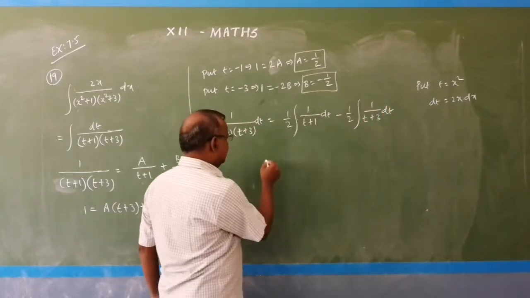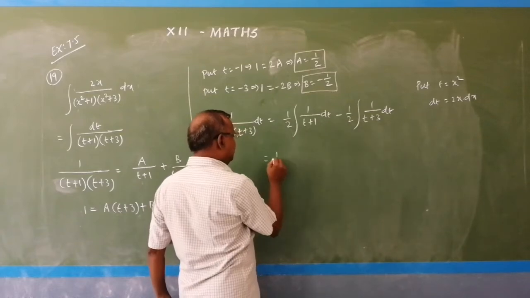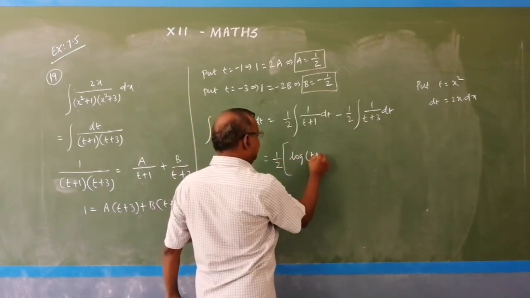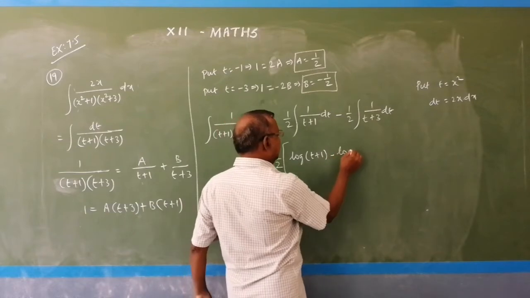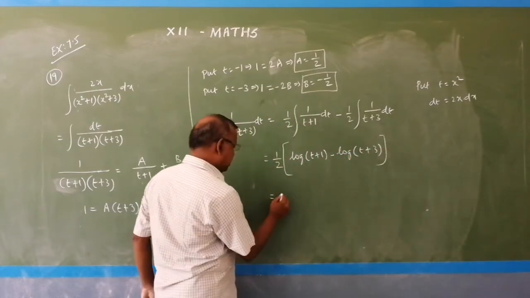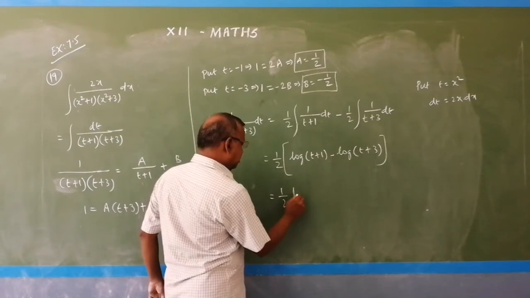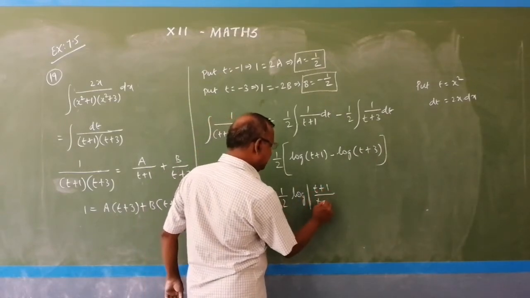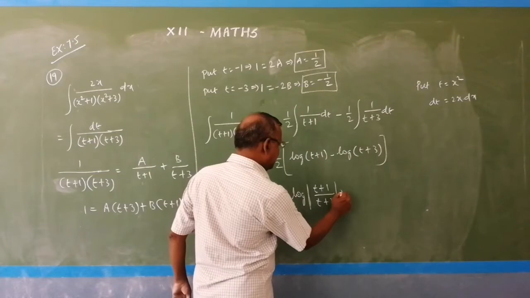So this is equal to, taking 1 by 2 as common, 1 by 2 into log of t plus 1 minus log of t plus 3, that is 1 by 2 into log of modulus of (t plus 1) divided by (t plus 3) plus c.